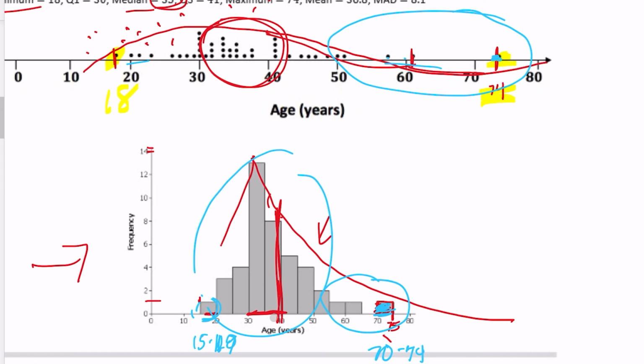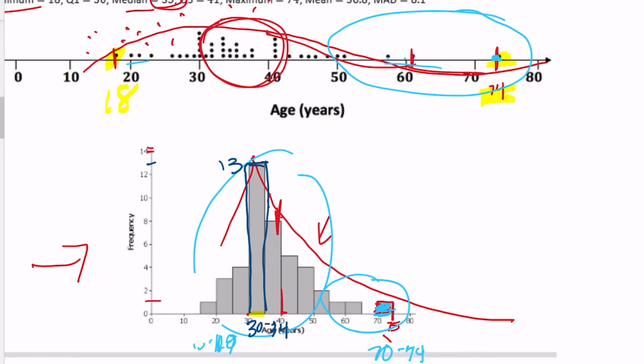If we were looking between ages, let's say 30 to 34, so here ages 30 to 34, we know that there are 13 people between ages 30 and 34, but we don't know how many people are 30, how many are 31, how many are 32, how many 33, 34.